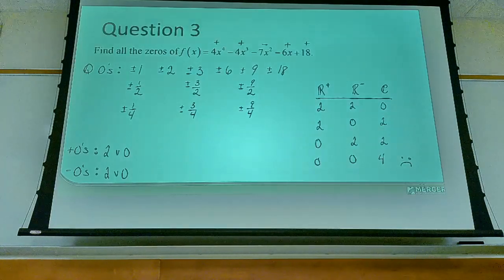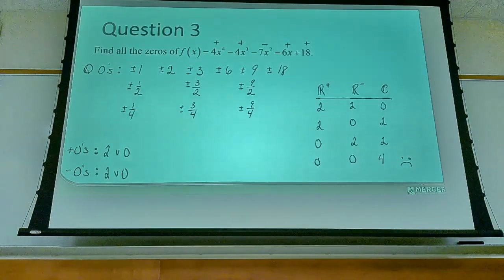All right, so pick a number. Which one do you want to start with? 1. It's not a zero. 2, not a zero. 3, not a zero. 4, not a zero. 6, not a zero. 9, not a zero. 18, not a zero. 1 half, not a zero. 3 halves. 3 halves is a zero.